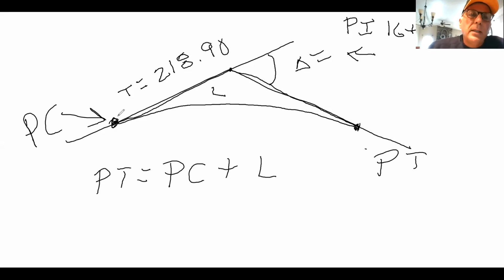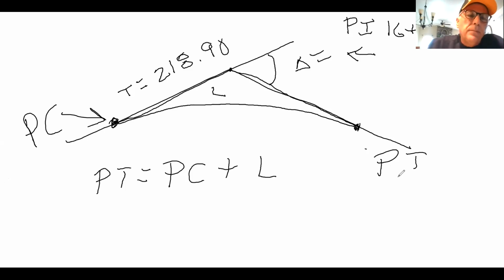One of the common mistakes in calculating horizontal curves is that someone will take the PI station and add the tangent length to it to come up with the station of the PT. That is not correct. The proper procedure is to follow along from the beginning of the project. So you find the station of the point of curvature, or PC, and add the length of the curve to get to the PT station.